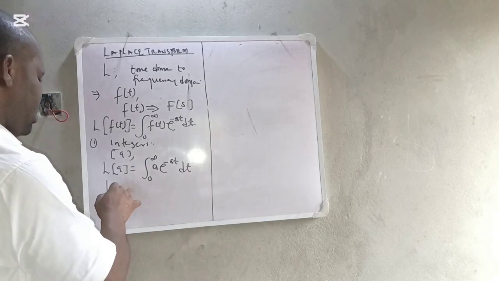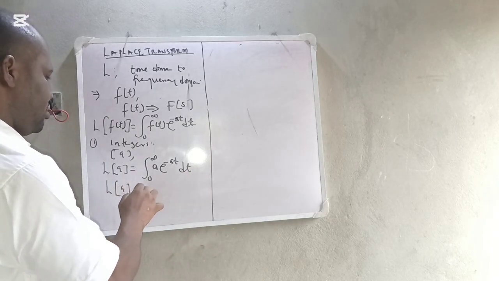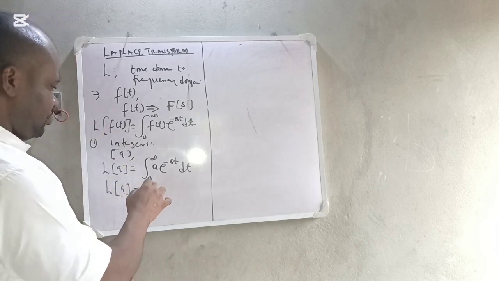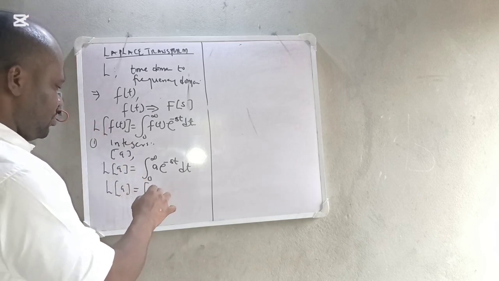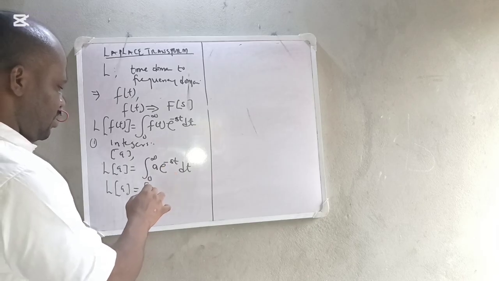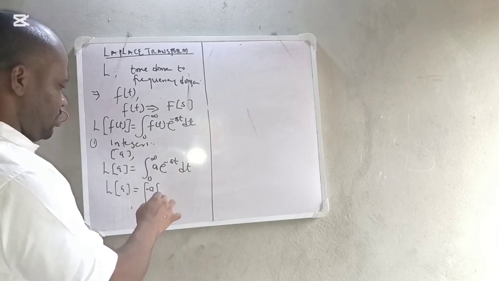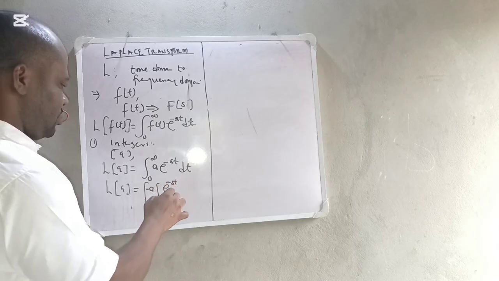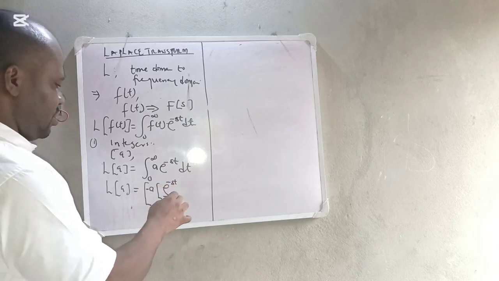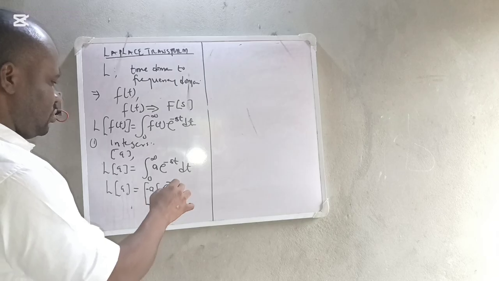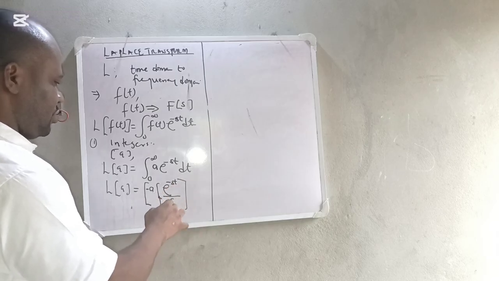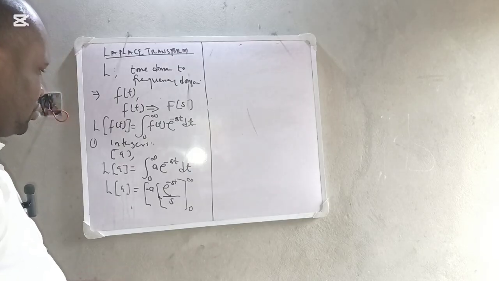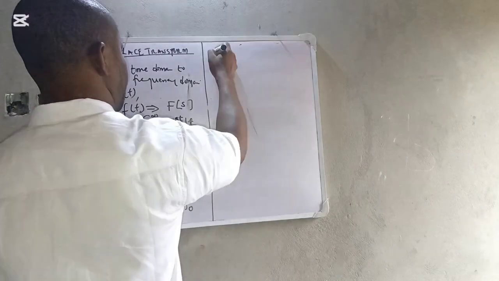When we integrate this expression, we have a, with minus exponential of minus st divided by s, evaluated between infinity and 0.